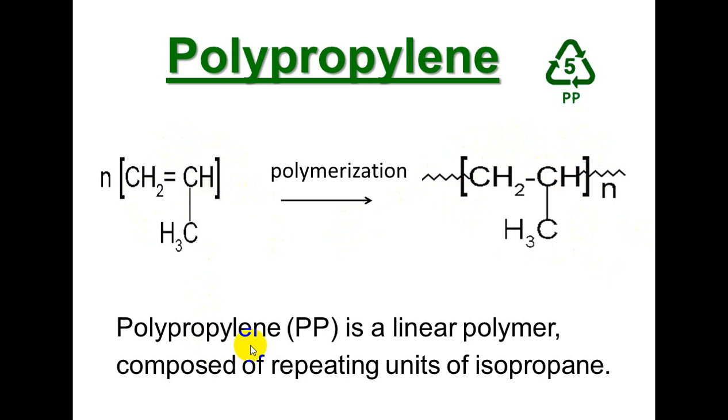Polypropylene, PP, is a linear polymer and closely resembles polyethylene, except for this methyl group. It is composed of repeating units of propylene.